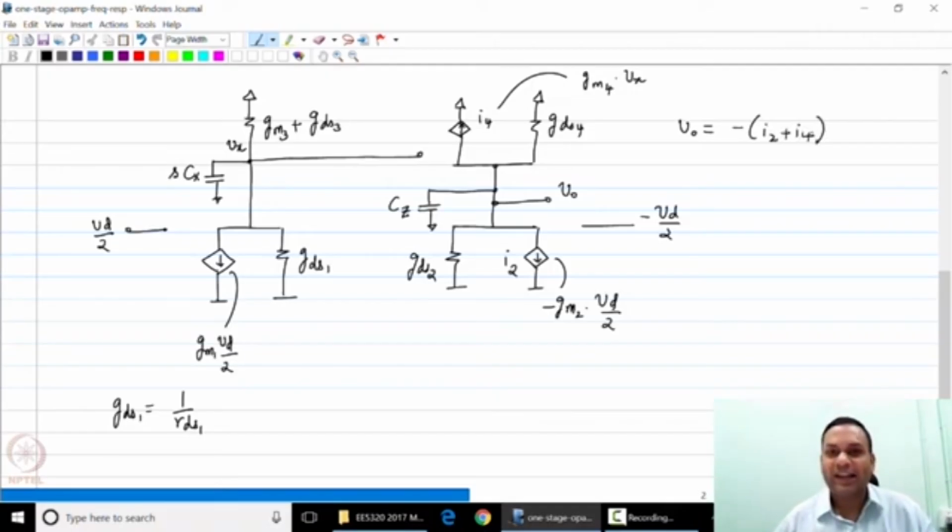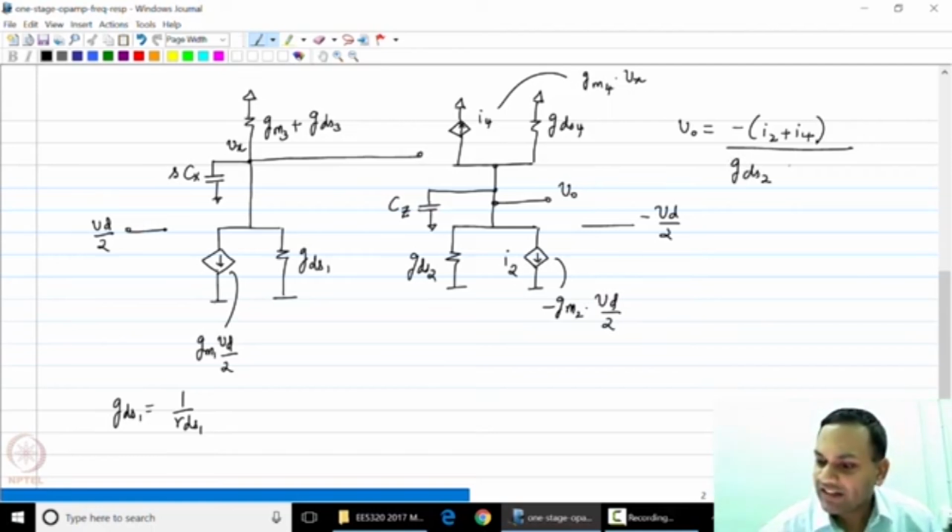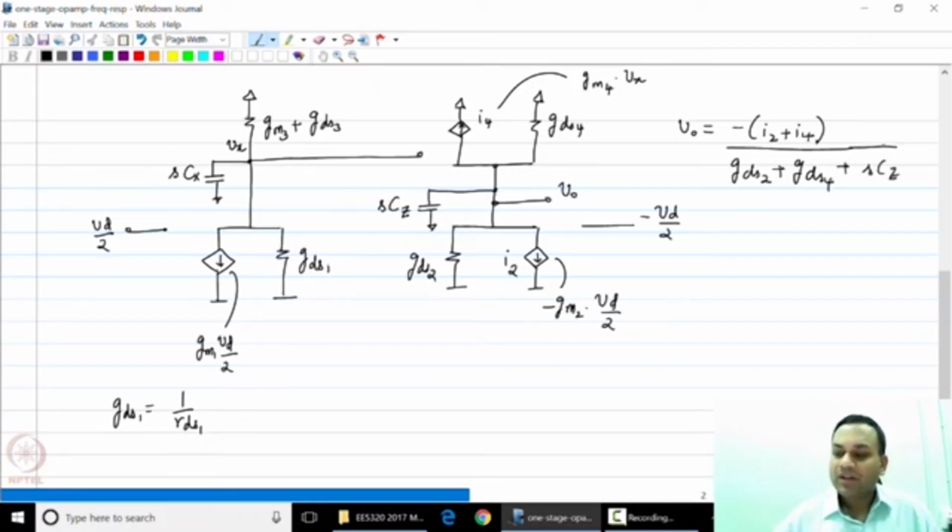This is the total current flowing into the node times the sum of all the impedances in the node, or it is 1 over the sum of all the admittances because they are all in parallel. So that is nothing but GDS2 plus GDS4 plus S Cz.